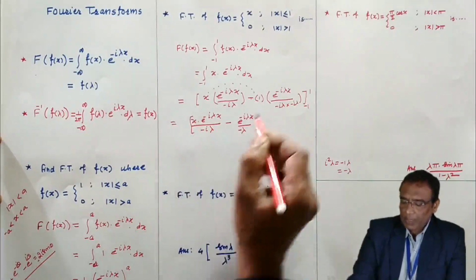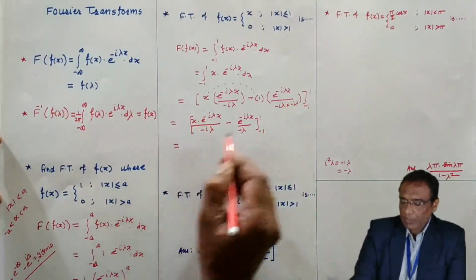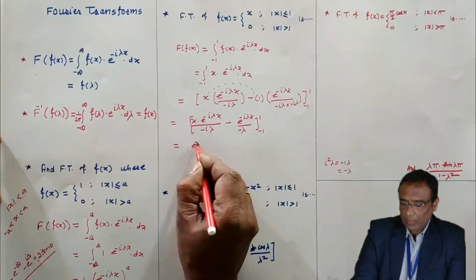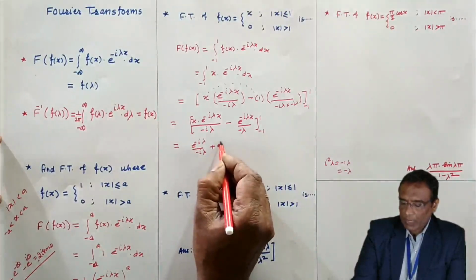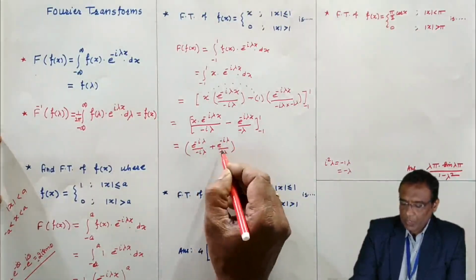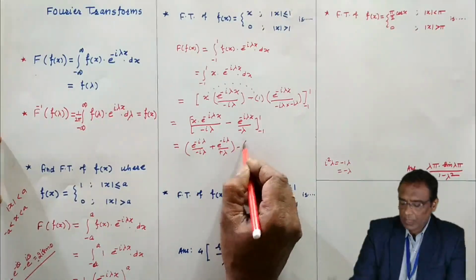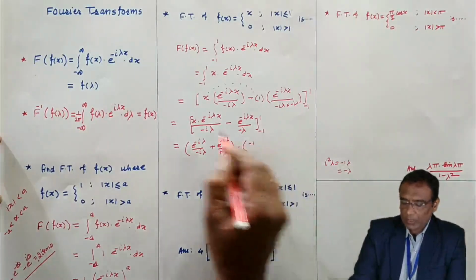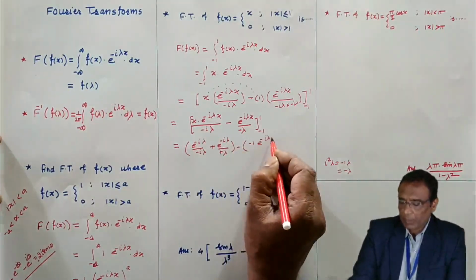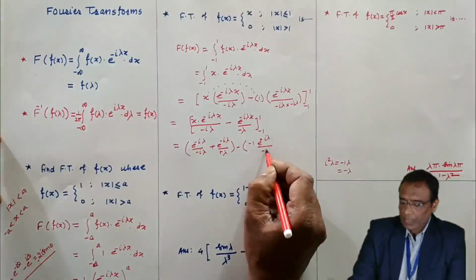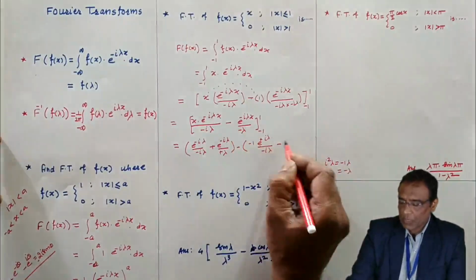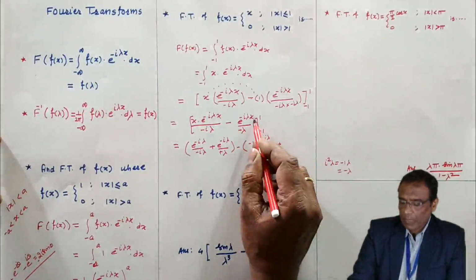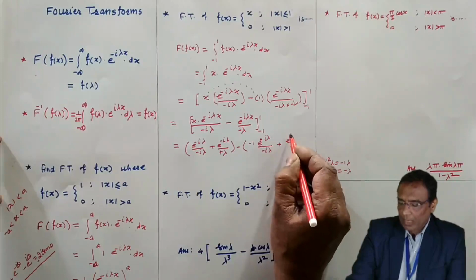Now, put upper limit and lower limit. Put x equal to 1, I am putting x equal to 1 like this. This minus is plus. Put x equals minus 1, I am putting minus 1, this minus will be plus. This divided by minus i lambda, minus. This minus plus. Put x equal to minus 1, e to the power i lambda.